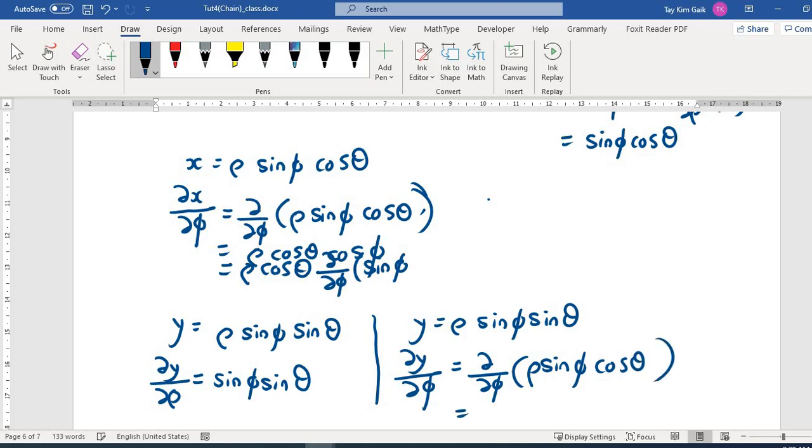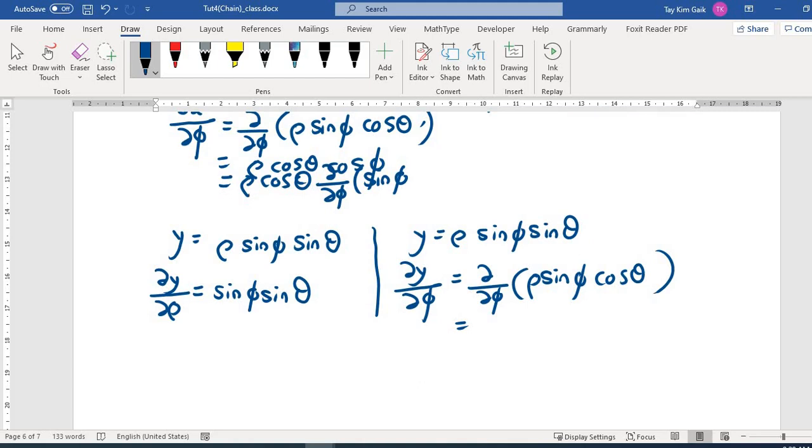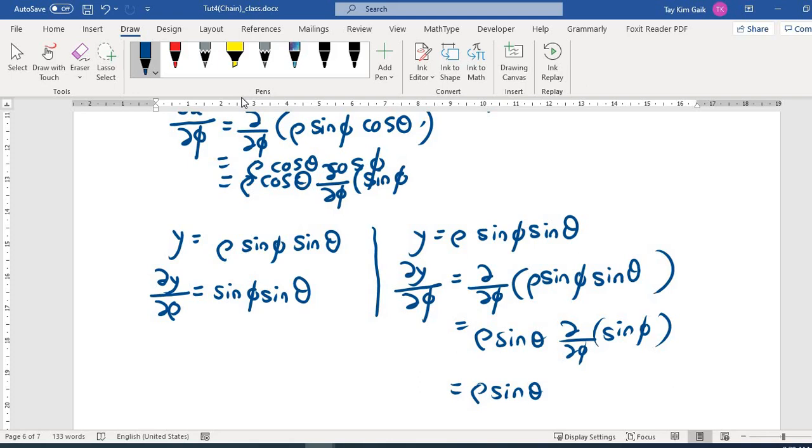When you del phi, rho and sin theta are constant, so you factor out rho sin theta, and then you del phi of sin phi. So you get rho sin theta, and del phi of sin phi gives cos phi.